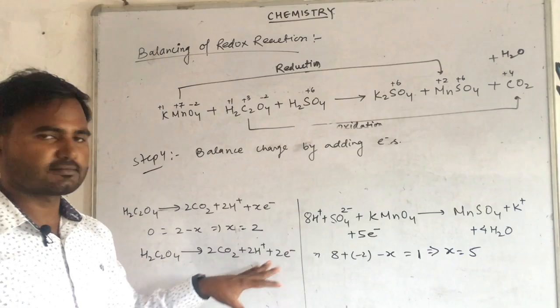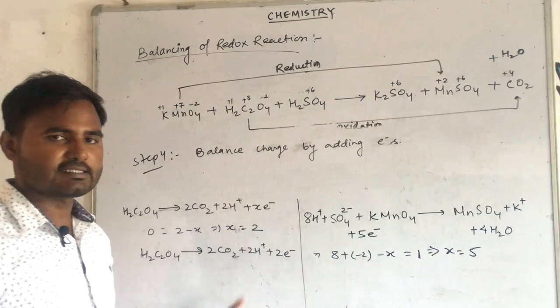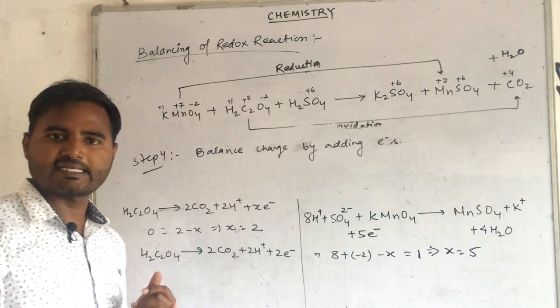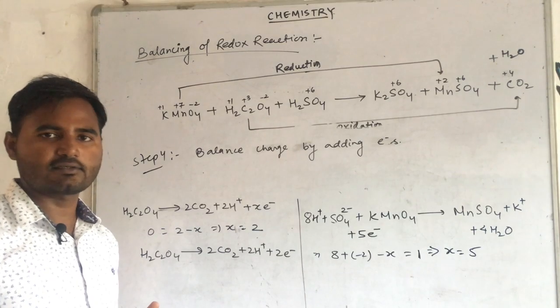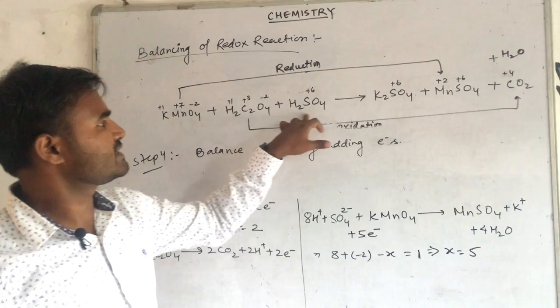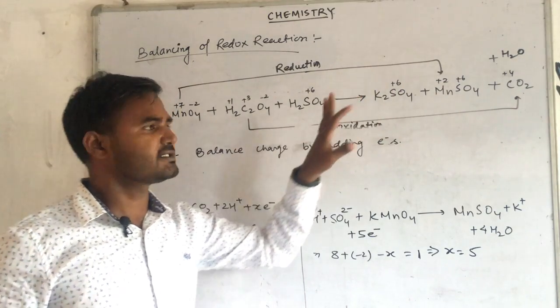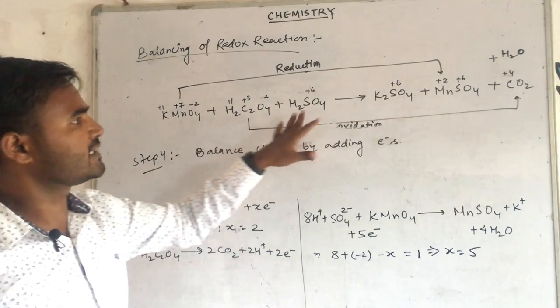From here we will do the next step, but till now I think this is clear. First we have the main atom, then the oxygen atom, then hydrogen, then charge by adding electrons. Now if we see our original reaction which was given in the question, there is no electron. Is there an electron? No electron.